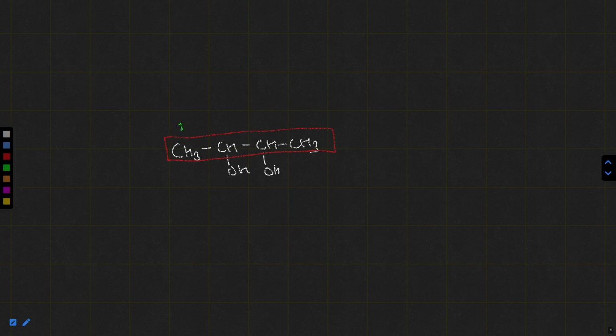Now 1, 2, 3, 4. On the 2nd and 3rd positions we have alcohol, 4 carbons, so butane-2,3-diol. So this is the name.